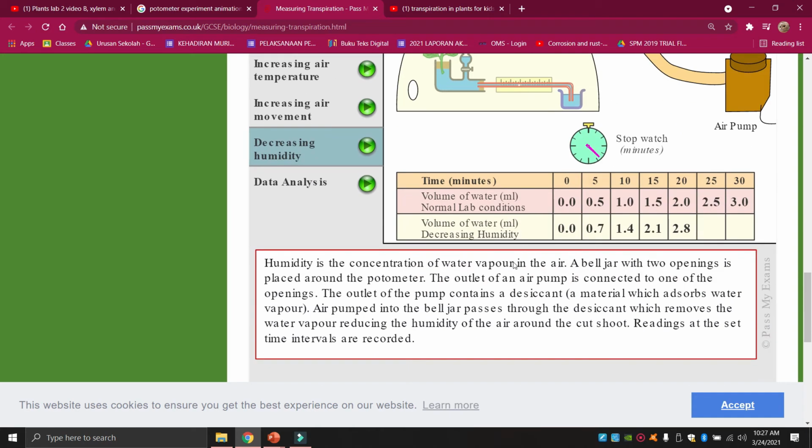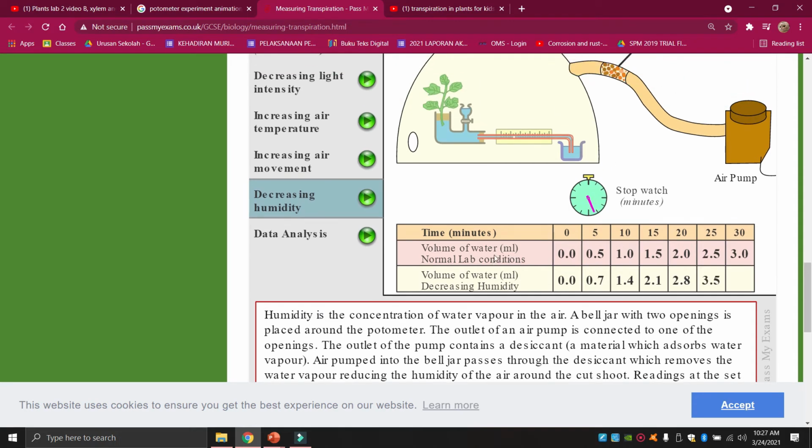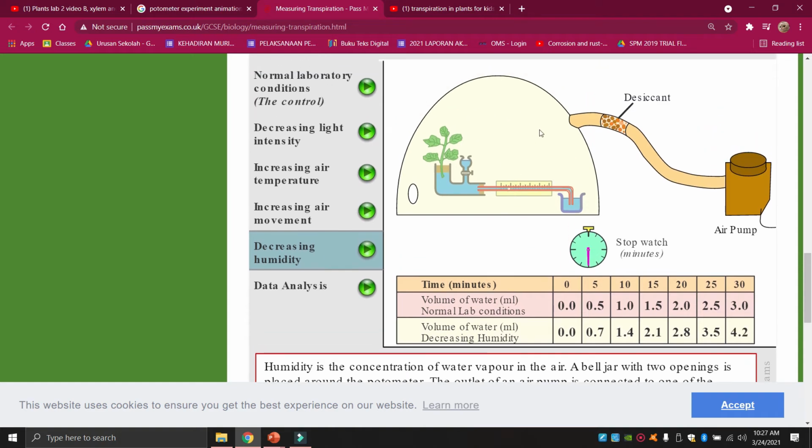It will pump out all the water vapor inside this bell jar, so it will remove all the water vapor. When the water vapor is removed, the humidity is decreasing, since there's no water vapor here. So what will happen?